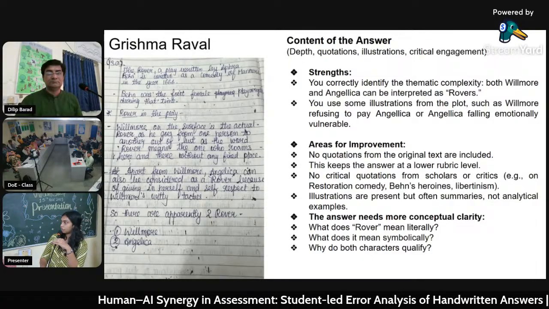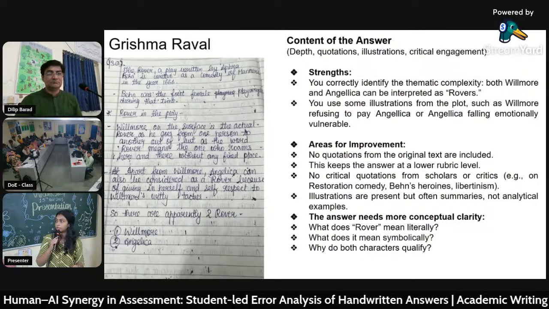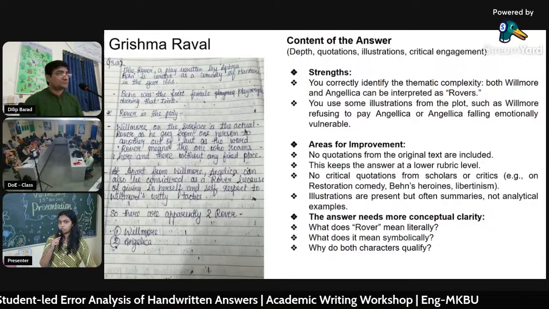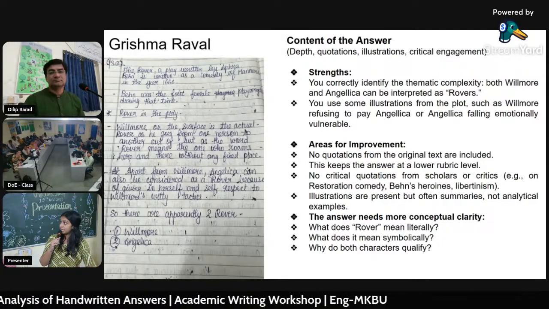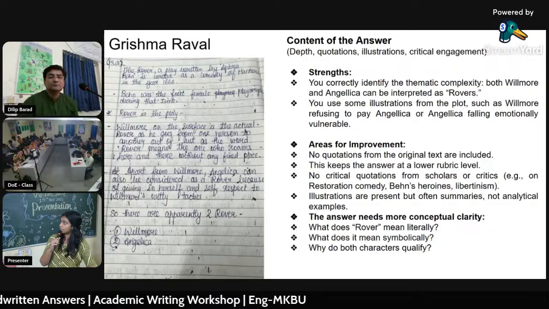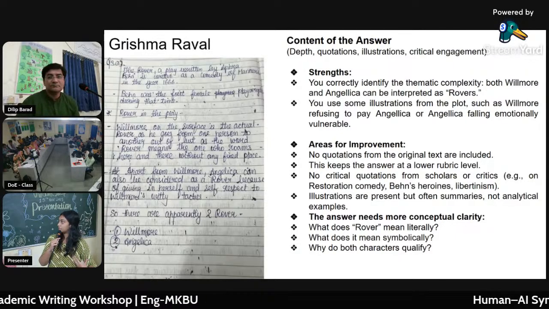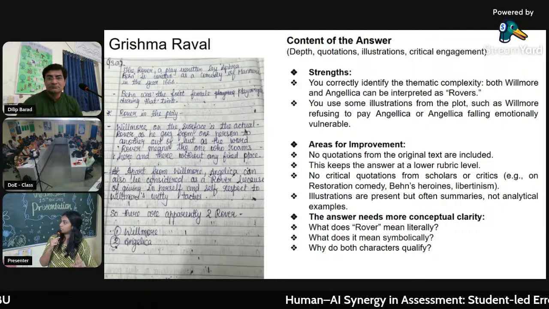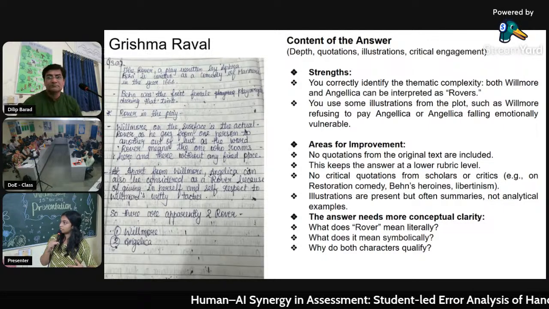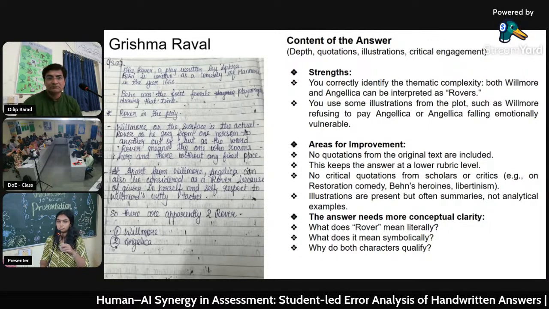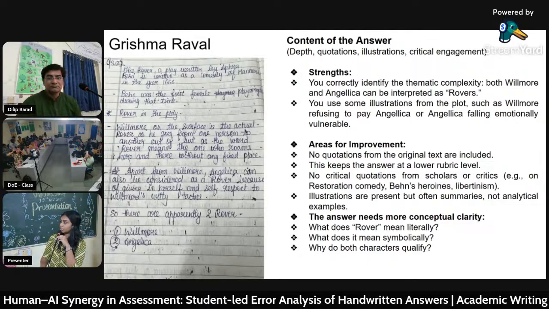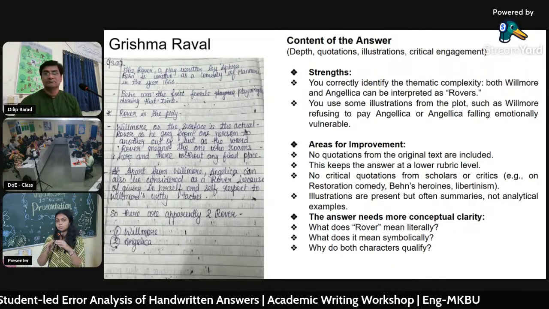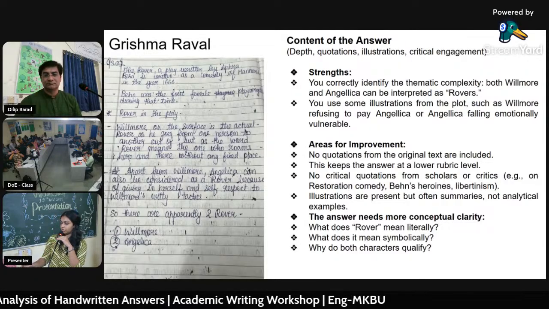I have not used any critical interpretations or quotations from scholars on Restoration comedy. The illustrations are present, but often they are not analytical examples. The conceptual clarity my answer needs is what the rover actually means literally, what it means symbolically, and why both characters qualify.